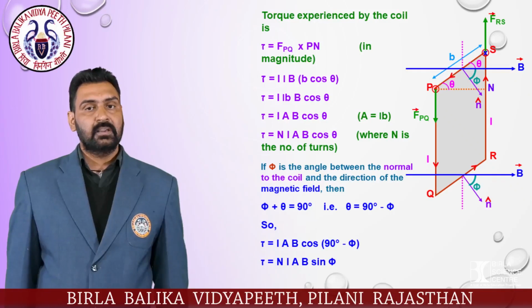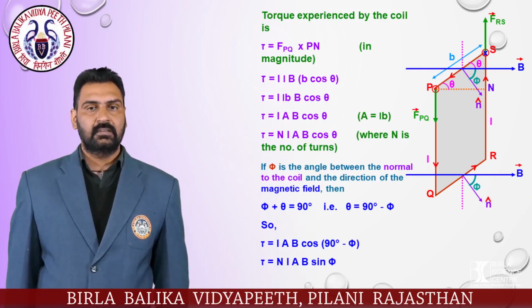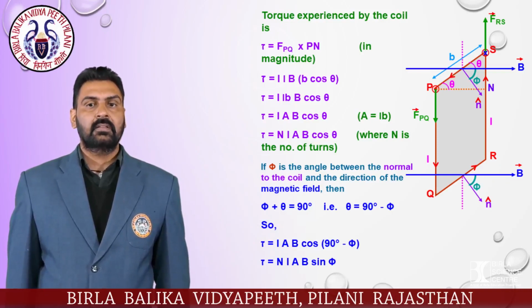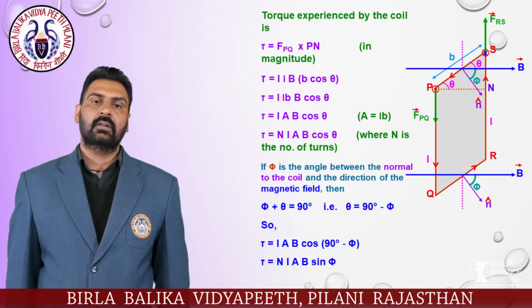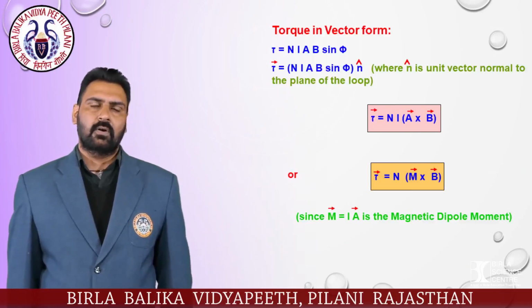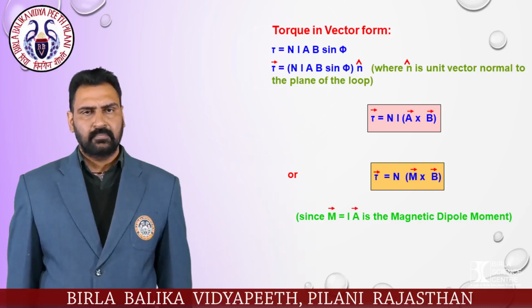One must be very careful in using the formula in terms of cos or sine, since it depends on the angle taken, whether with the plane of the coil or the normal of the coil. Now, torque in vector form. We know that torque is equal to BINA sine phi.